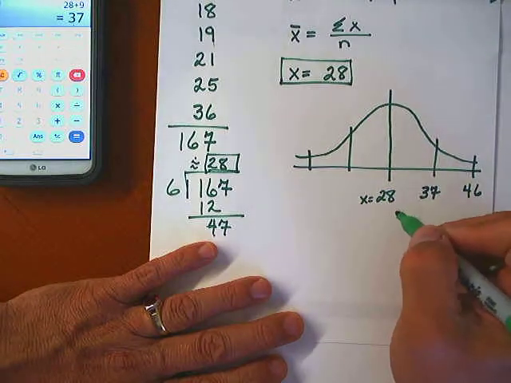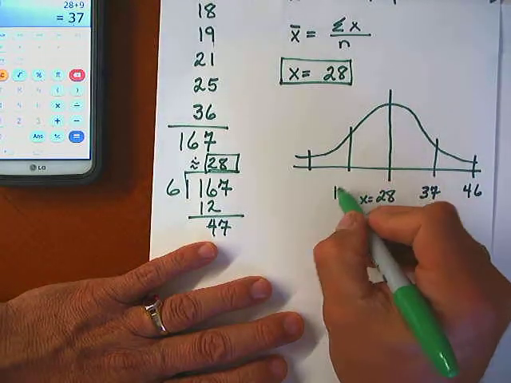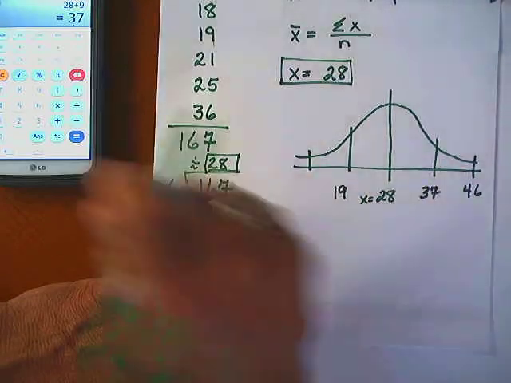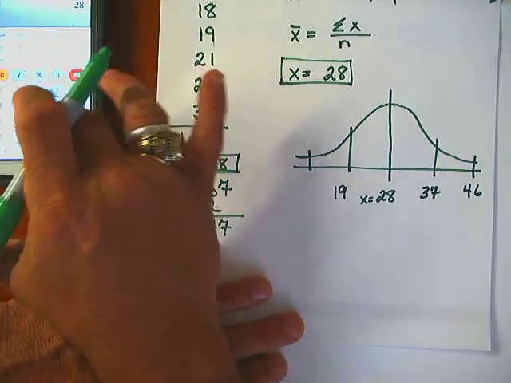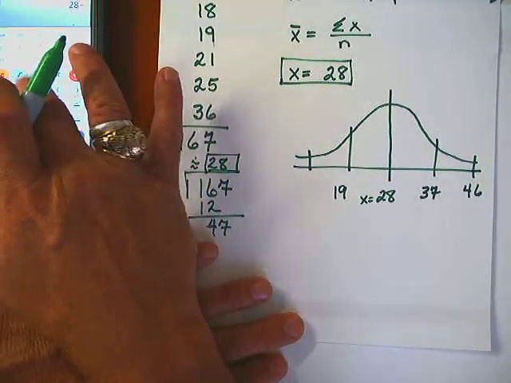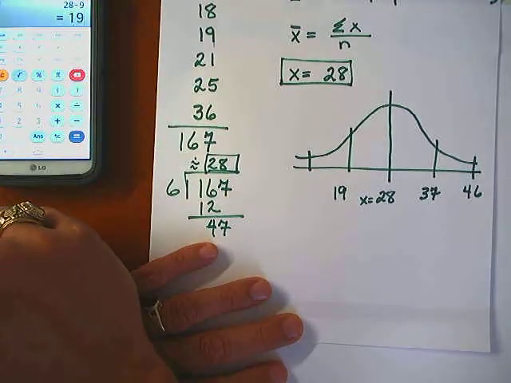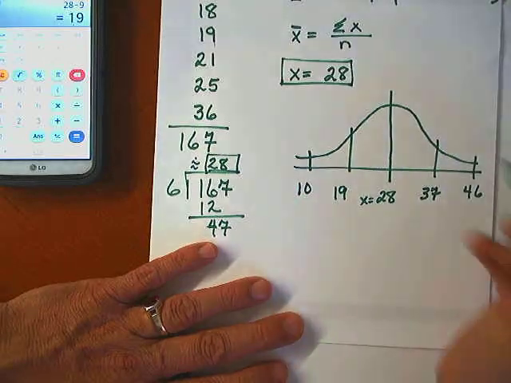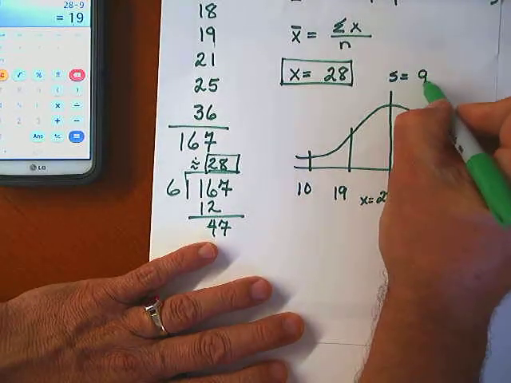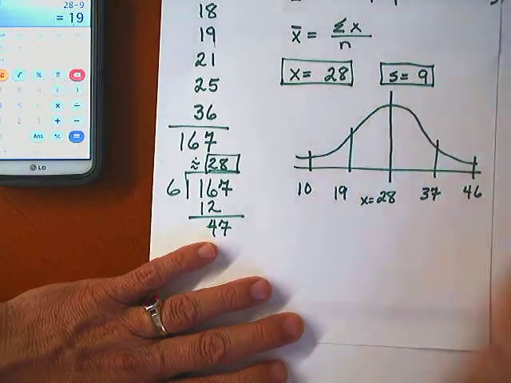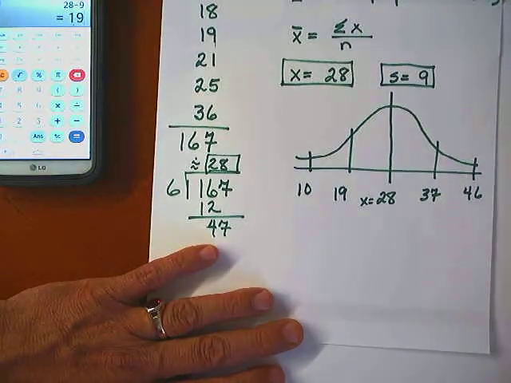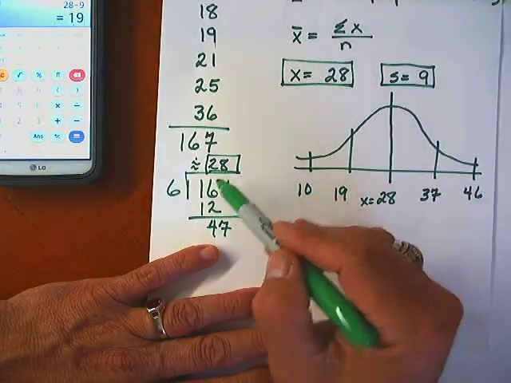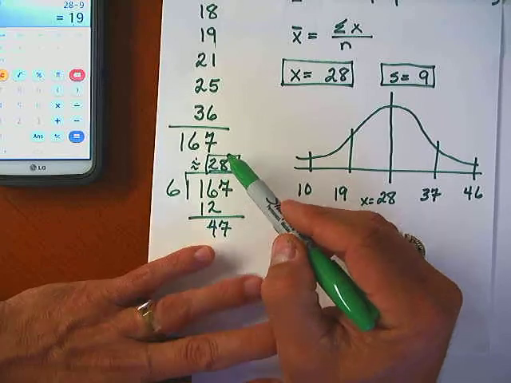So 28 plus 9 is 37, and 37 plus 9 is 46. 28 minus 9 is 19. I always have to check my subtraction, and 19 minus 9 is 10.